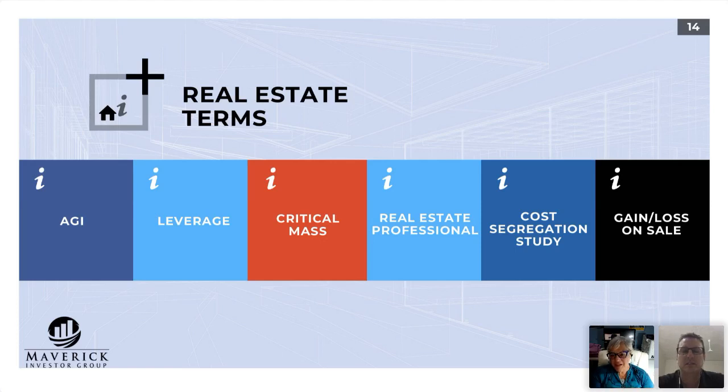Cost segregation study is a specific study that you can do. You can hire somebody to do that. I have a home study course that walks you through how you can do it with templates, so you can do it yourself. What it does is takes your property and breaks it down into shorter lived assets. For example, let's say you buy a single family home and it's got an HVAC system, and a garbage disposal, and a washer dryer and a refrigerator, and cabinets and floor coverings.